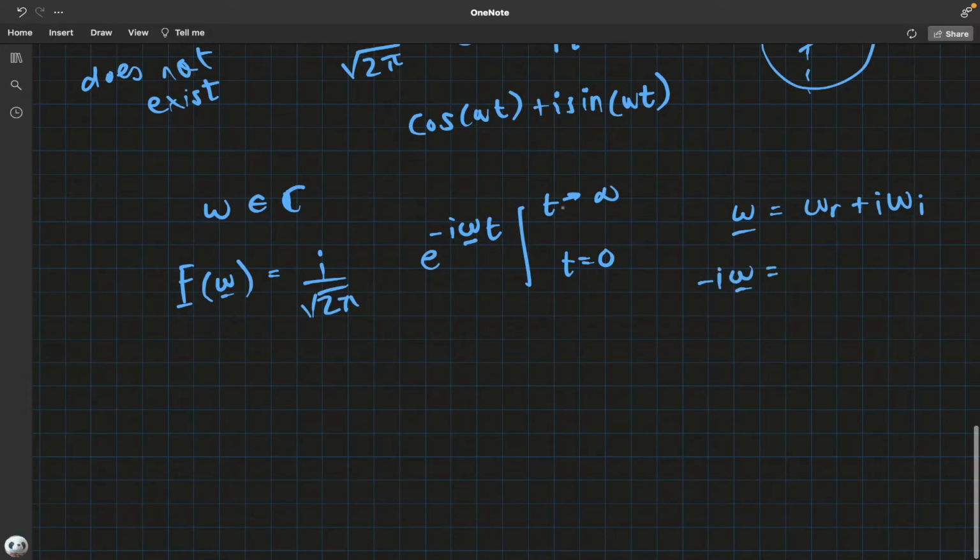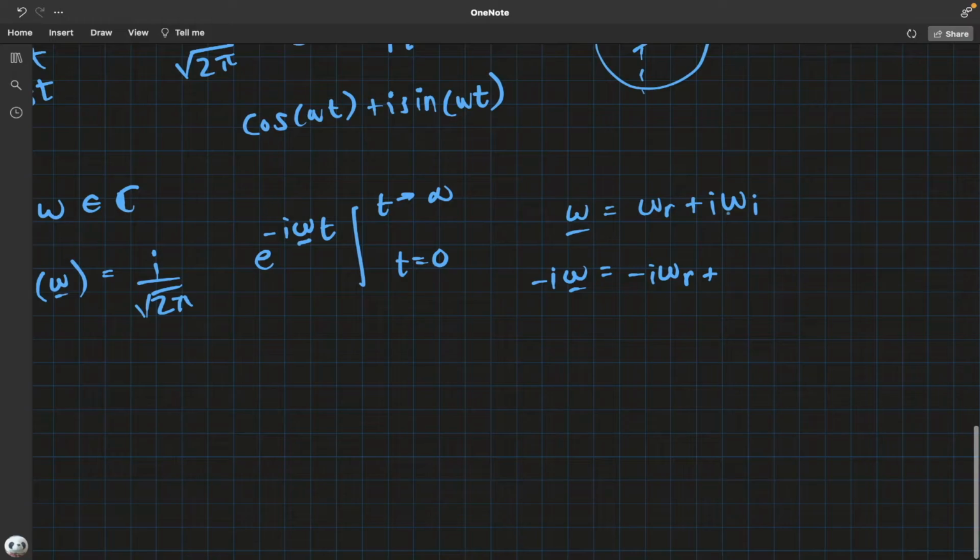So this argument is basically minus i omega real, plus the minus and minus, the minus i and plus i become a 1 omega I. So now the new real part of this argument is the omega imaginary of the original.